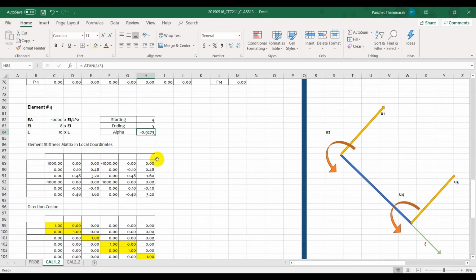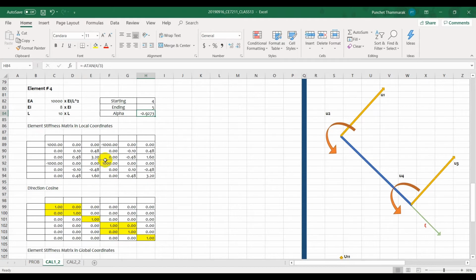And now we have to set up the stiffness matrix in local coordinates. So in local coordinates, you have the F1 to F6. This one is an inclined member, so we have to include the axial stiffness there. We cannot just drop it off. Okay, so U1 is along this. Sorry, I didn't put it there. Sorry, this has to be adjusted.